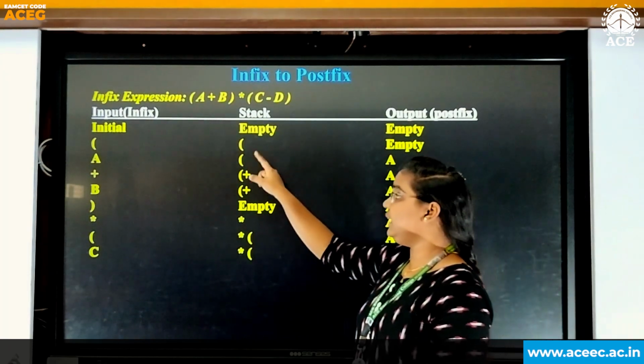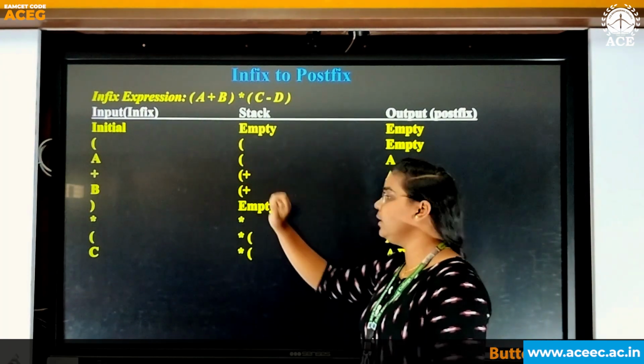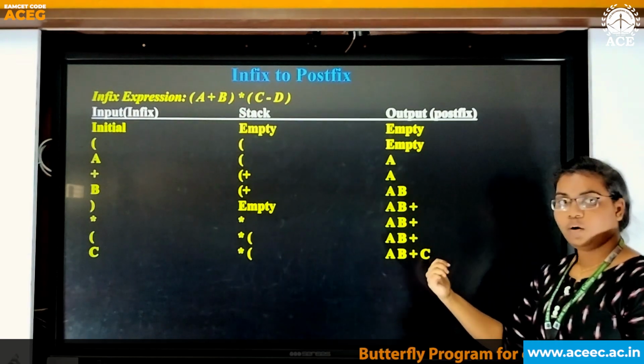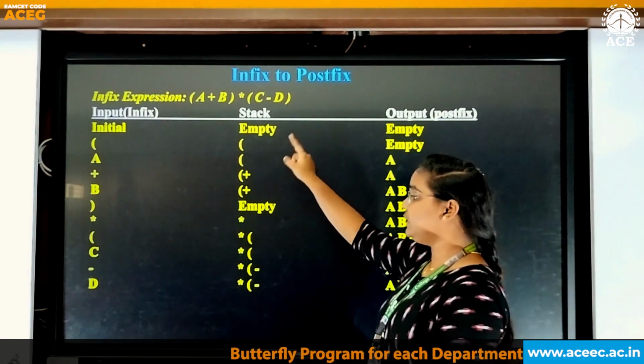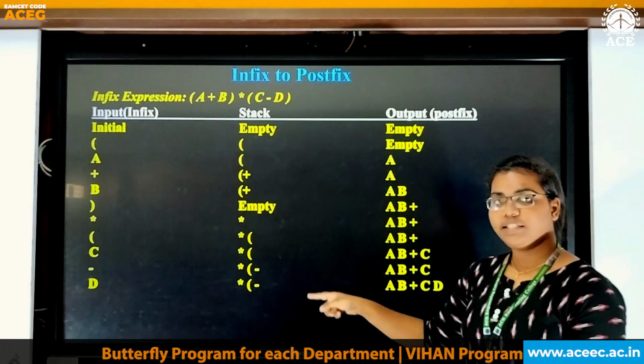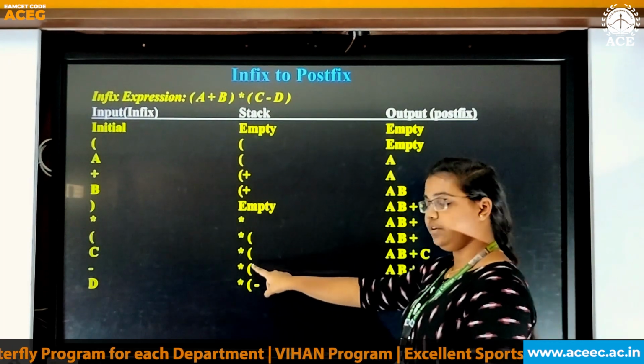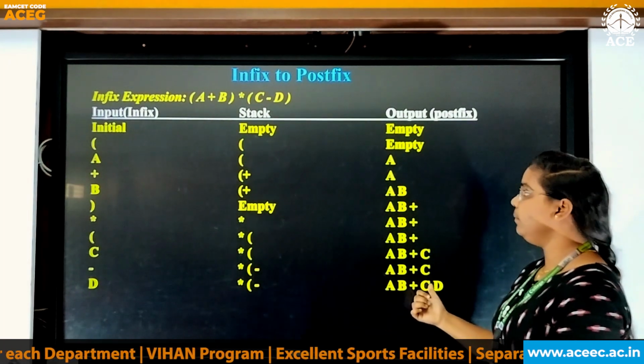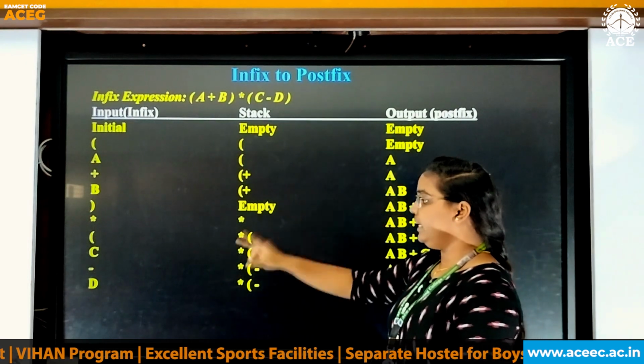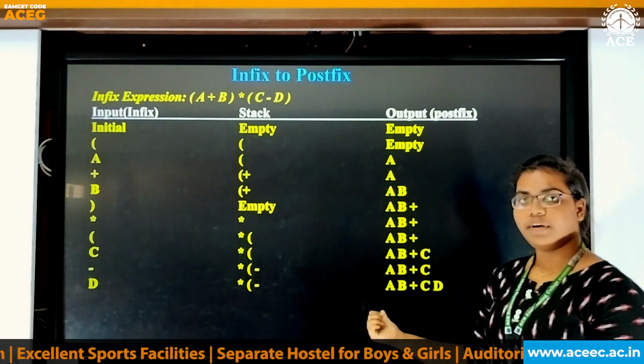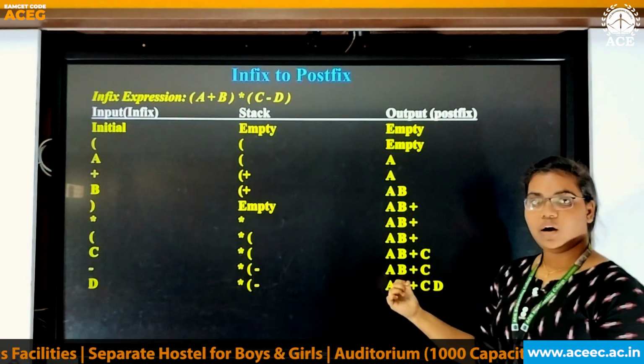The next reading symbol is c, an operand, which is directly printed into the output. The next reading symbol is minus, an operator, which is directly pushed into the stack, and the output remains the same. The next reading symbol is d, an operand, which is directly printed into the output.